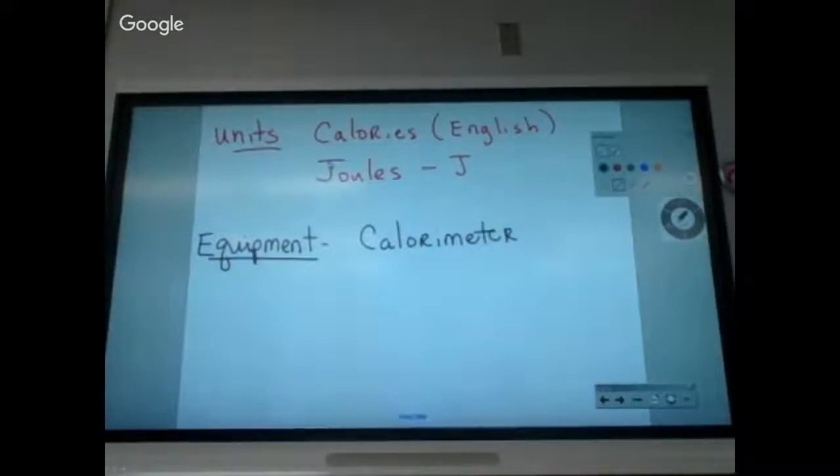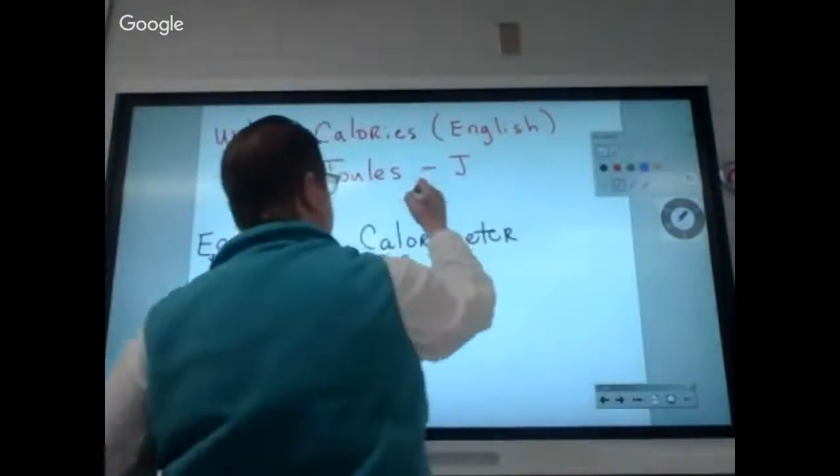Why isn't it called a joule meter? It's not. It's called a calorimeter because, again, in the United States, we use what units? A calorie. So it's named after the calorie. So other countries with other nutrition facts still call it a calorimeter. Joules is the SI unit, yes. Okay? Joules is the SI unit.